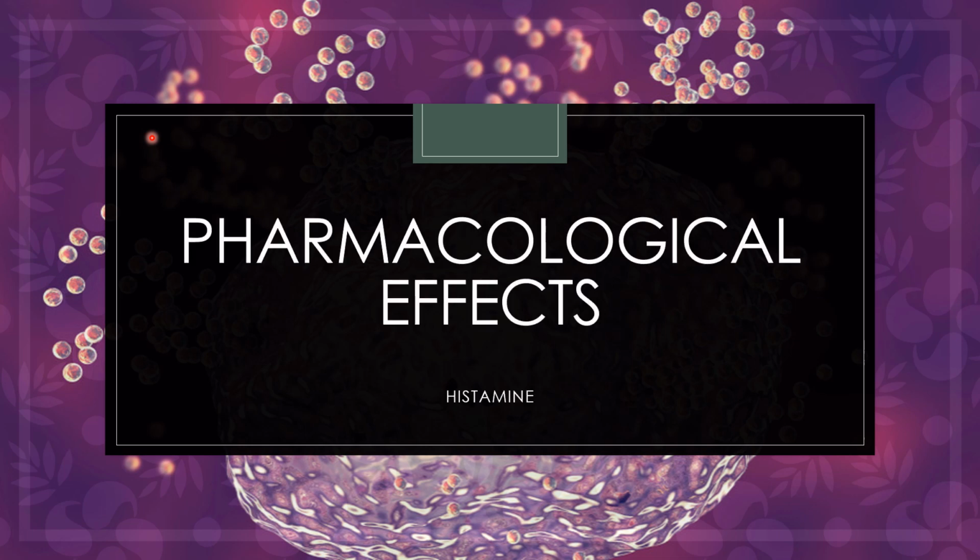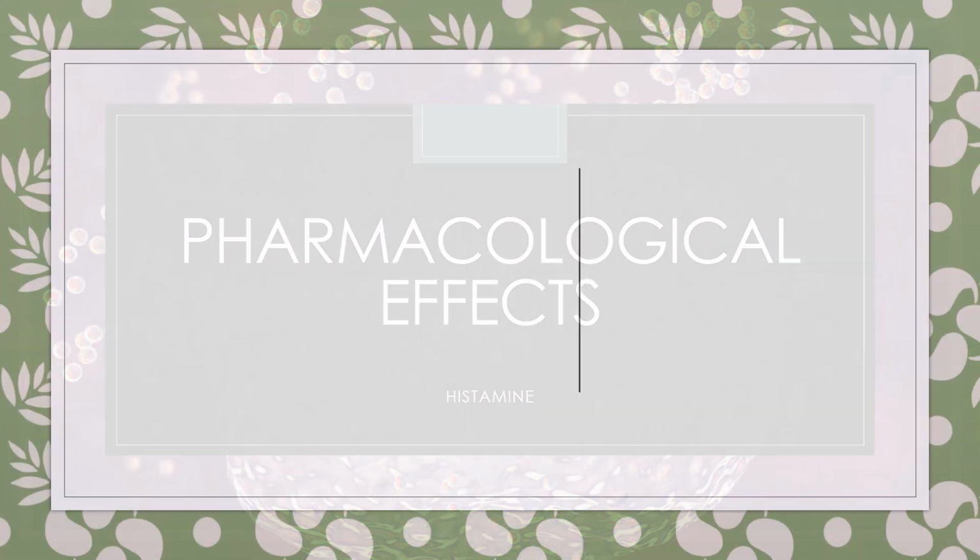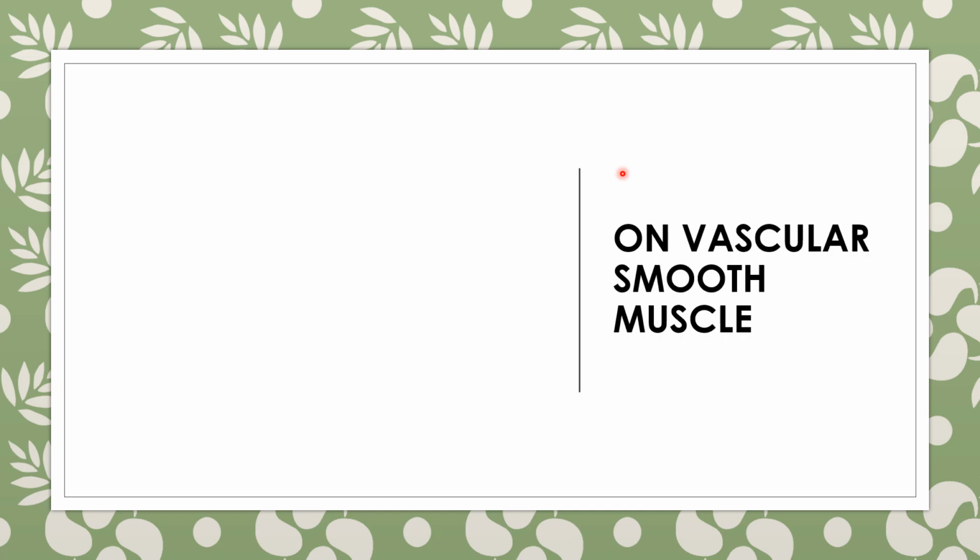The next part will talk about the pharmacological effects of histamine. When we say pharmacological effect, that may be defined as the physiological and/or biochemical changes in the body produced by a drug in therapeutic concentration. The first group of pharmacological effects that we are going to define are the effects on the vascular smooth muscle.